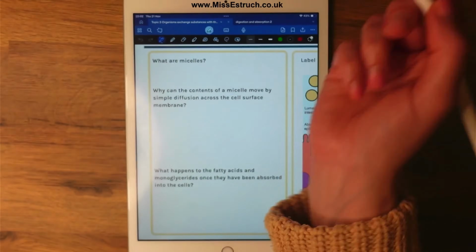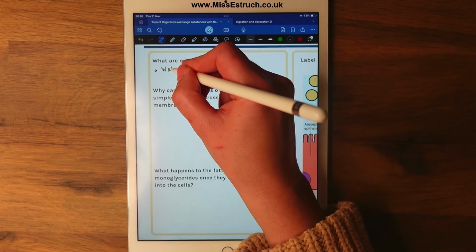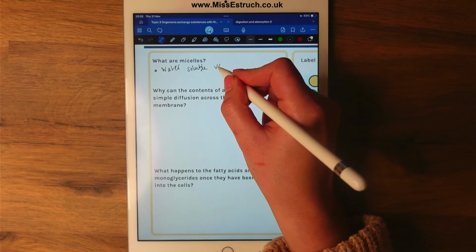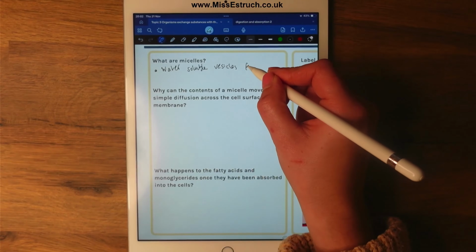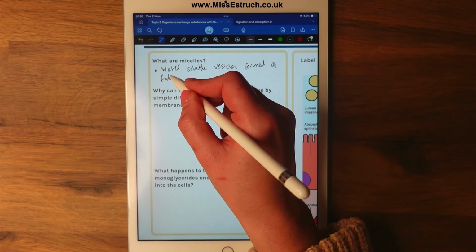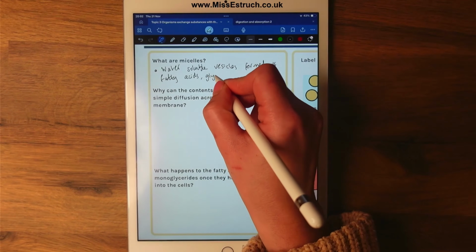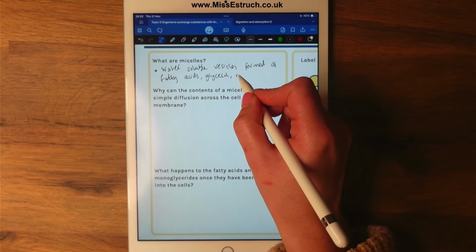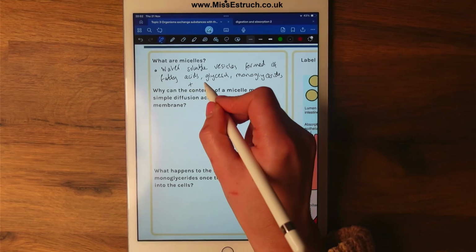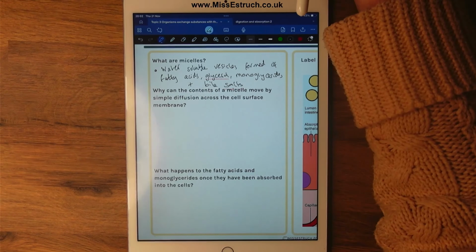The first thing that I would say is they are water soluble vesicles, and they are formed of fatty acids, glycerol, you also get some monoglycerides, and bile salts. So that is what our micelle is.